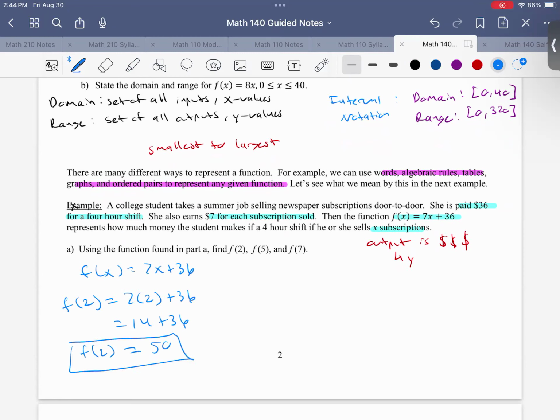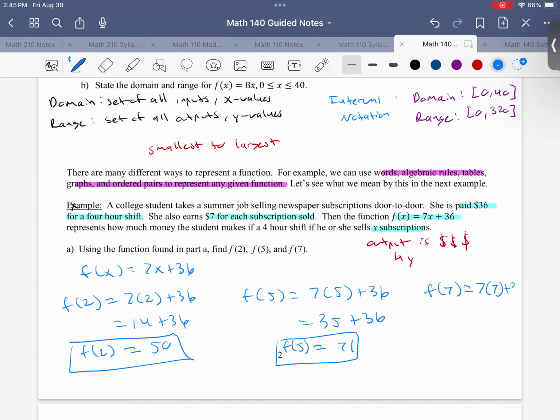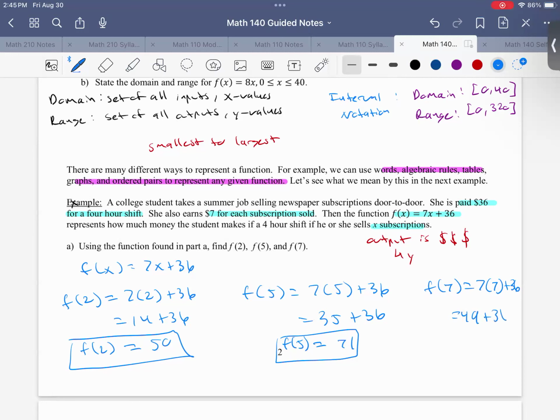Second, we have f of 5. That's 7 times 5 plus 36, 35 plus 36, and that's just 71. So f of 5 equals 71. And lastly, f of 7 equals 7 times 7 plus 36. This is 49 plus 36, which is 85. So f of 7 equals 85.